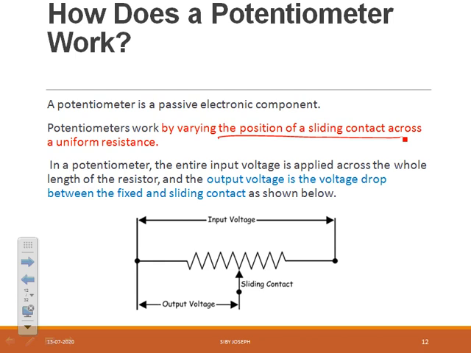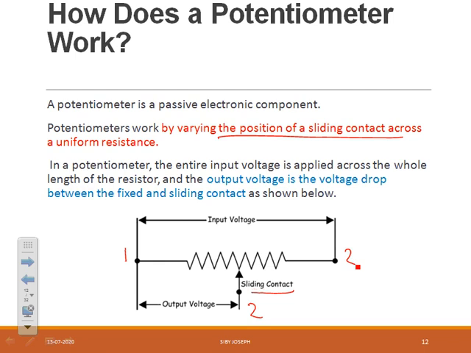In the first slide we discussed that resistors are of two types, fixed resistor and variable resistor. The potentiometer is a variable resistor. Here, terminal 2 is called the sliding contact. Terminals 1 and 3 are fixed contacts.